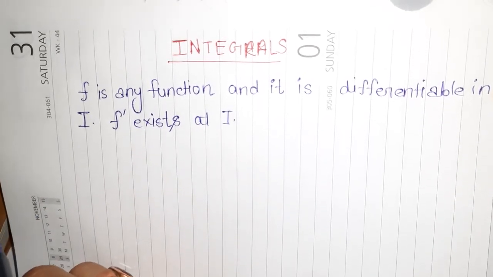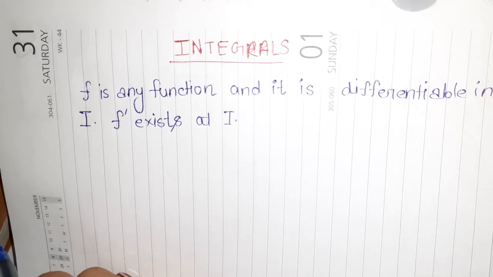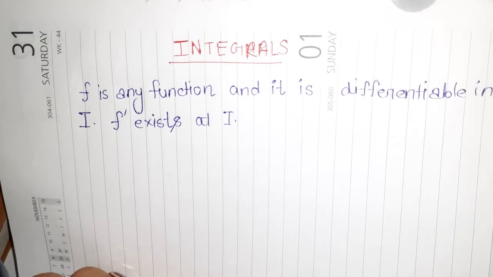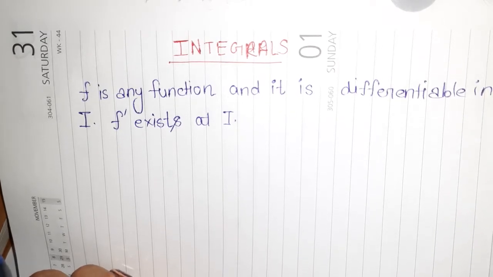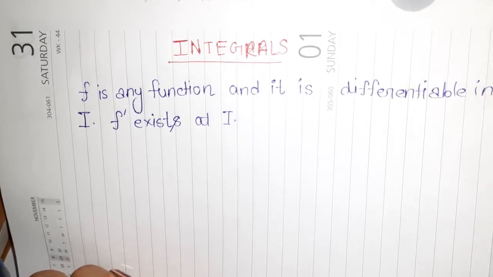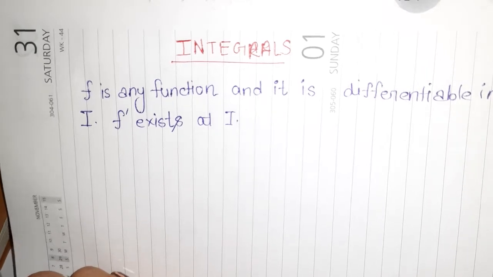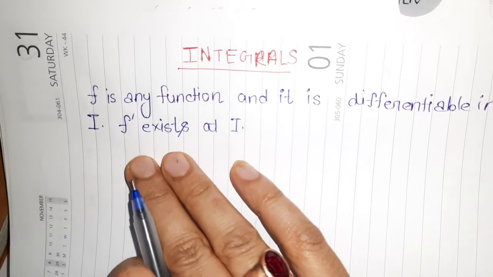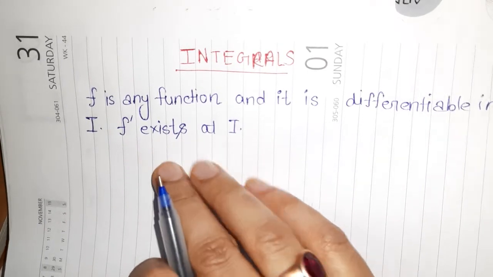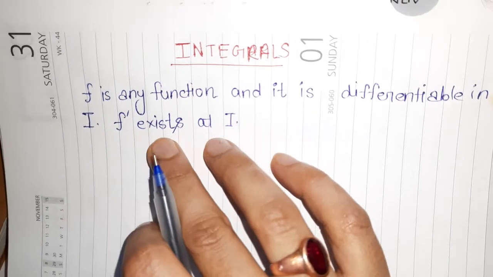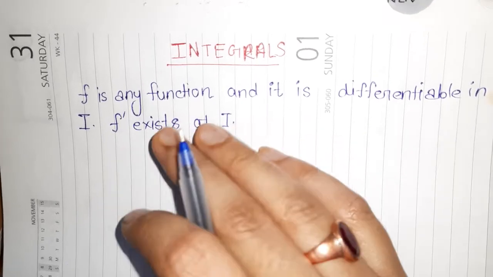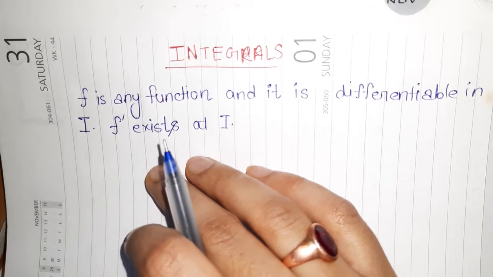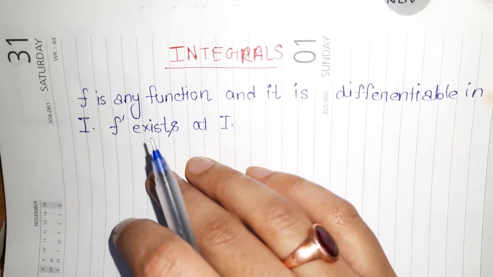a question arises: first you are given a function f and it is differentiable, so you find f dash. Now, if you are given the derivative and you are asked to find the function, then how do we determine that function?